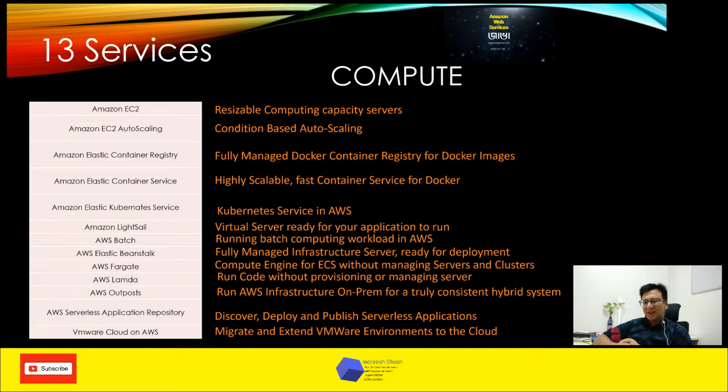Fargate is a service which is very related to EC2. By the way, EC2 has been sold in two flavors nowadays. One is normal EC2, plain vanilla EC2, and another is Fargate. Fargate is one step ahead of Lightsail and Beanstalk. It is a combination of container registry, container service, and Kubernetes.